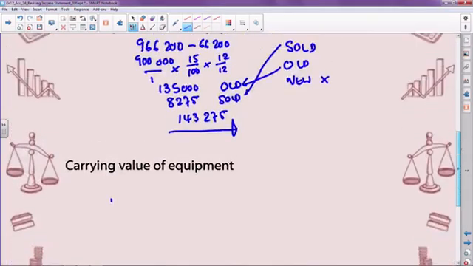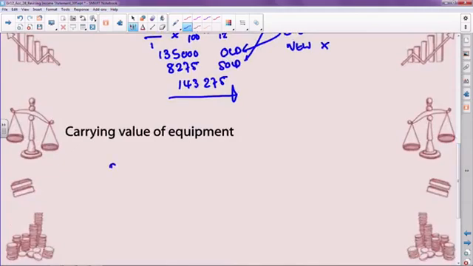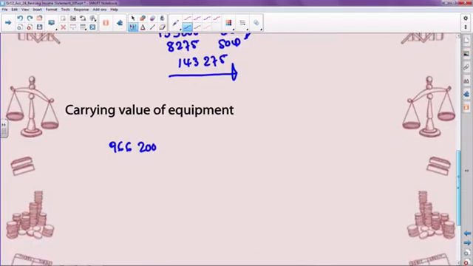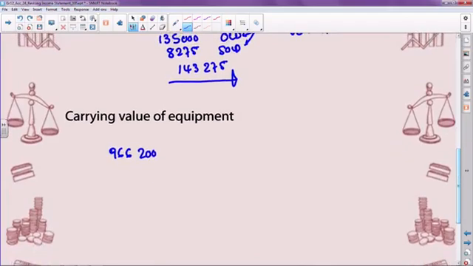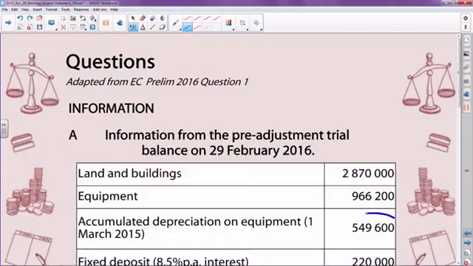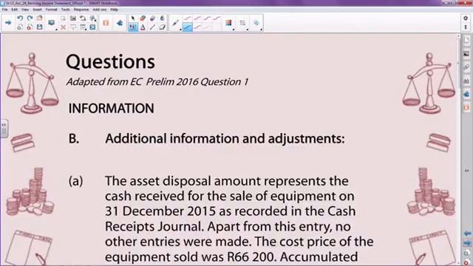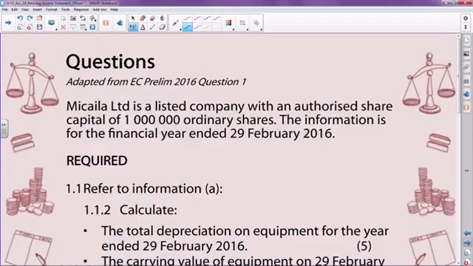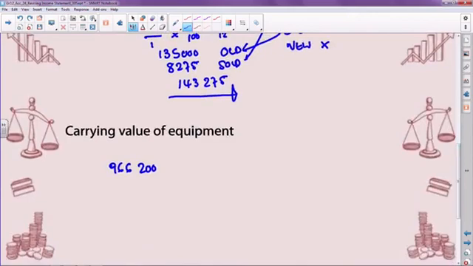Okay, the next one that we had to calculate was the carrying value of my equipment. Once again, take your cost price of 966,200. My cost price at the beginning of the year, less my accumulated depreciation at the beginning of the year. Let's identify that figure. 549,600. Remember, that's my accumulated depreciation at the beginning of the year.